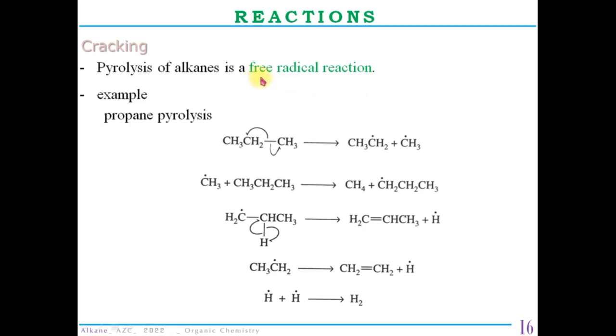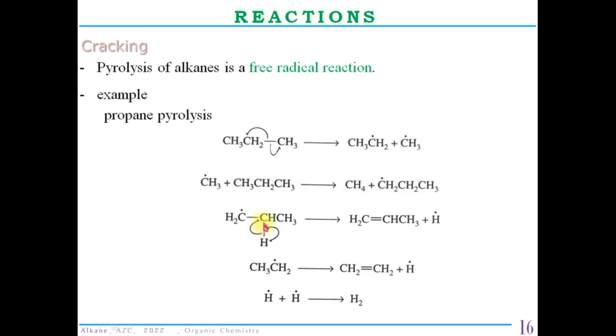The mechanism of pyrolysis follows free radical reaction. Here is the example where there is pyrolysis of propane. Upon pyrolysis, there is homolytic cleavage of carbon-carbon bond, which gives methyl radical and ethyl radical. Now, methyl radical further reacts with propane and it gives a propyl radical.